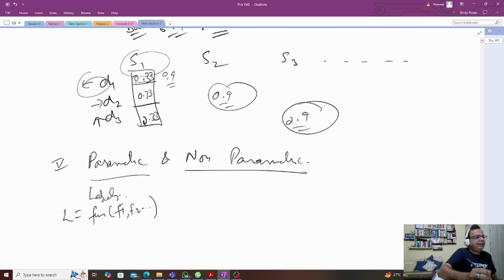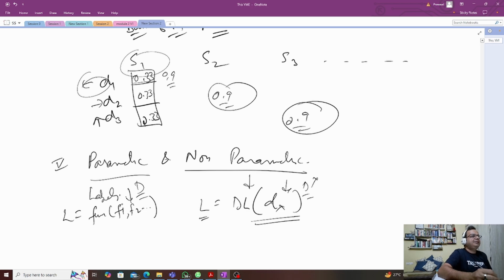And in non-parametric, you just put all the data across some kind of a complex function, let's suppose a deep learning function, and you find out the label. So you don't worry about what parameters are important. This needs domain information, this doesn't need domain information. But this is less categorized.